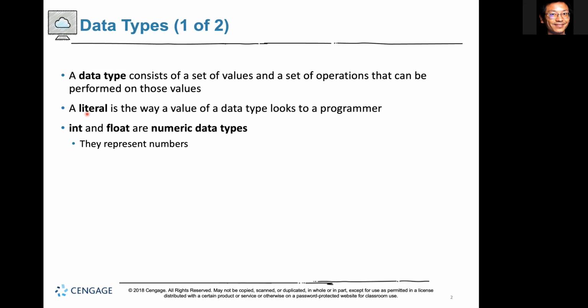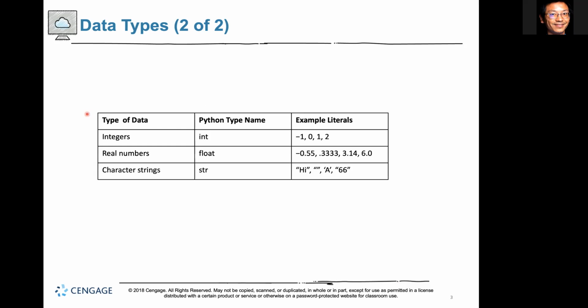Some of the basic data types supported by Python: one is called int, which stands for integer, and float, which is for floating point numbers. These are the numeric data types, and this is how you represent numbers.